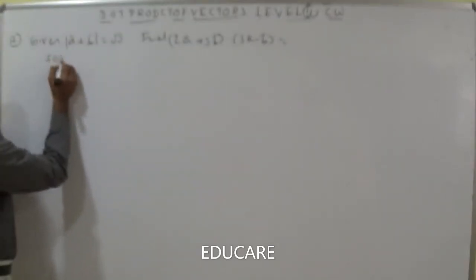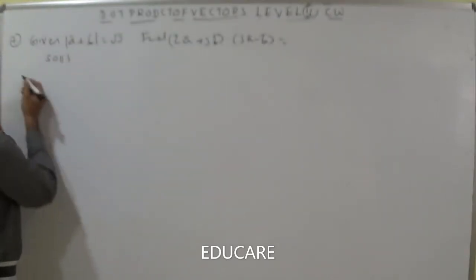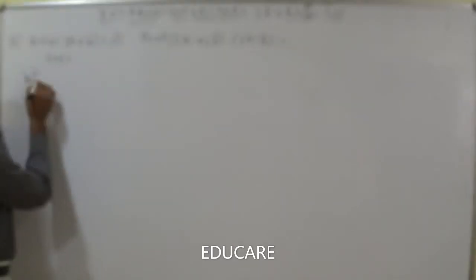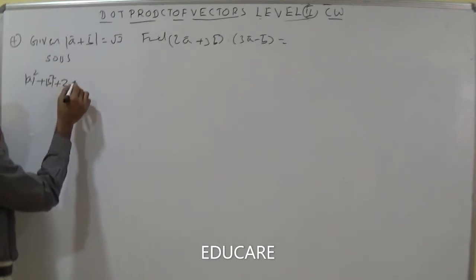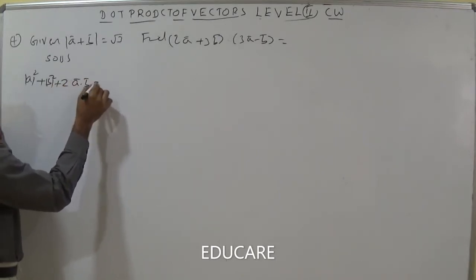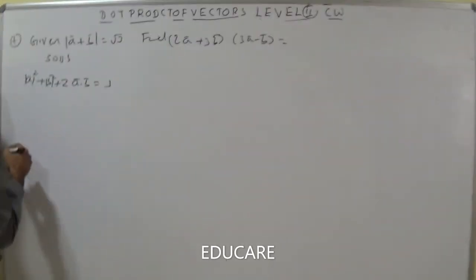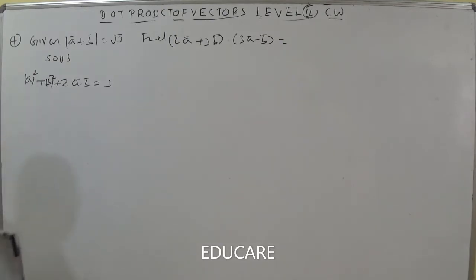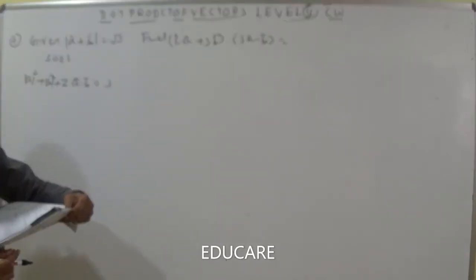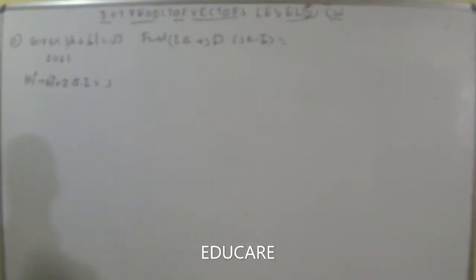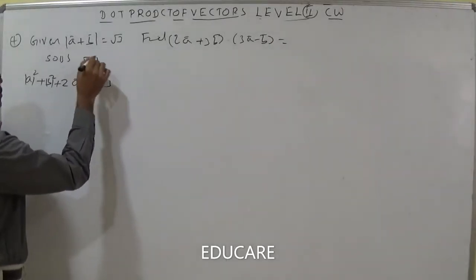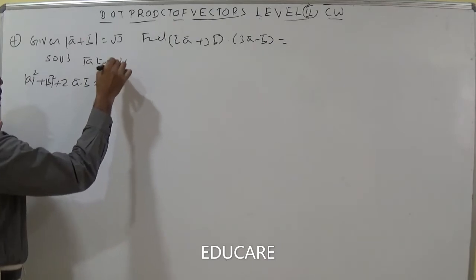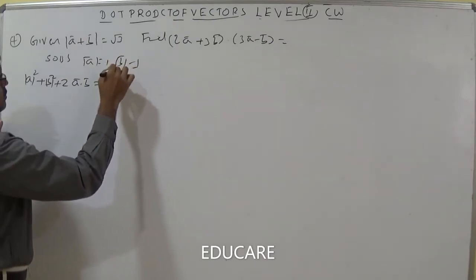If we do squaring both sides, we get modulus of A square plus modulus of B square plus 2 A bar dot B bar is equal to 3. Since non-collinear unit vectors are given, the magnitude of A is equal to 1 and the magnitude of B is equal to 1.